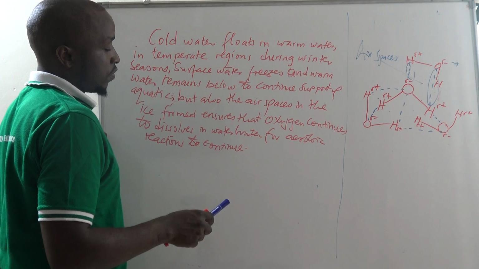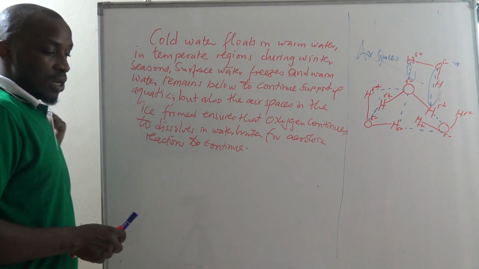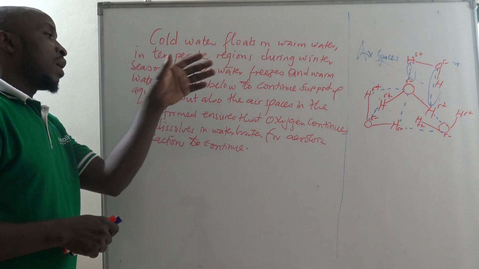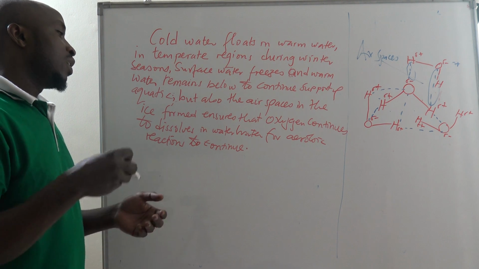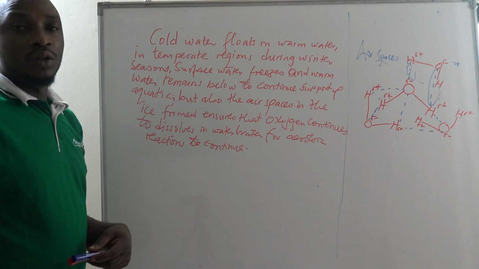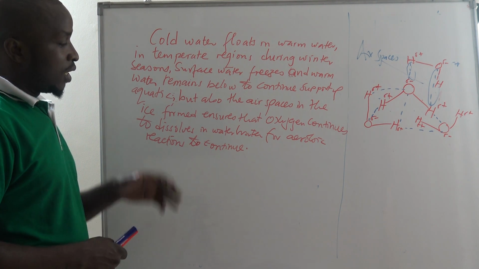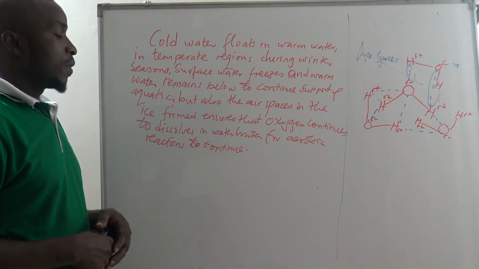So lakes do not freeze completely, and the air spaces created during the winter seasons ensure that oxygen continues to dissolve from the atmosphere into the water for aerobic processes. So in our next session, we shall look at the importance of water to living things.